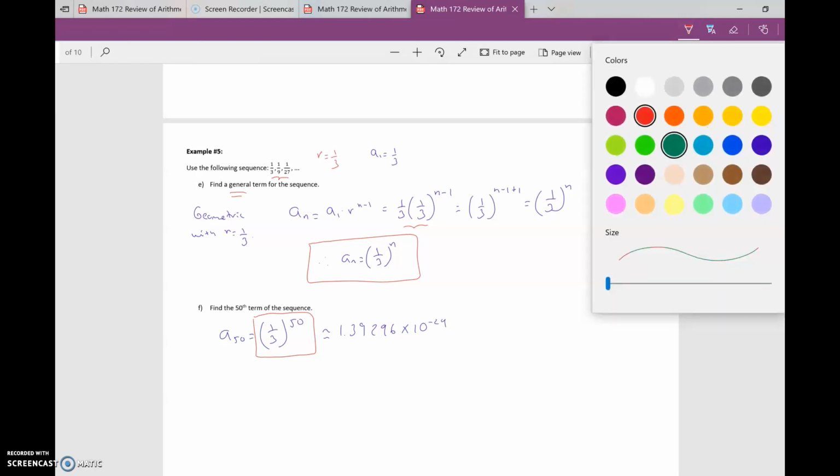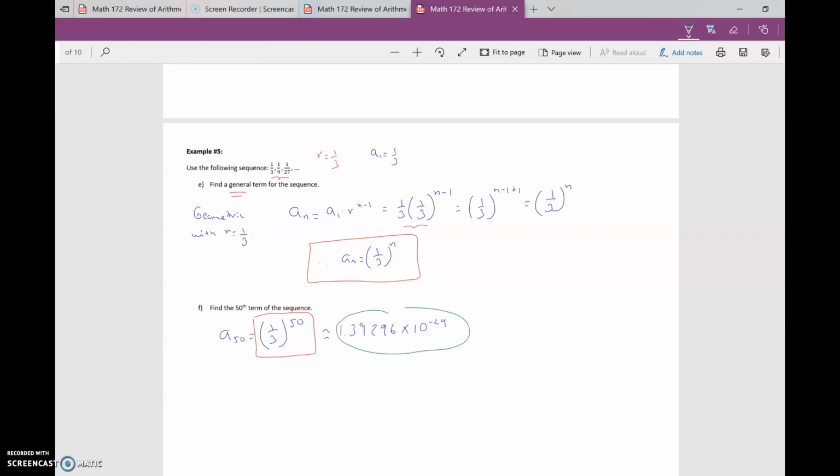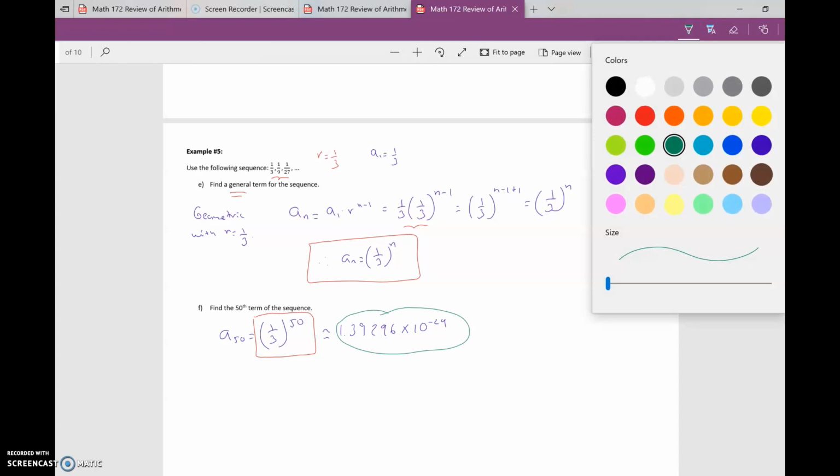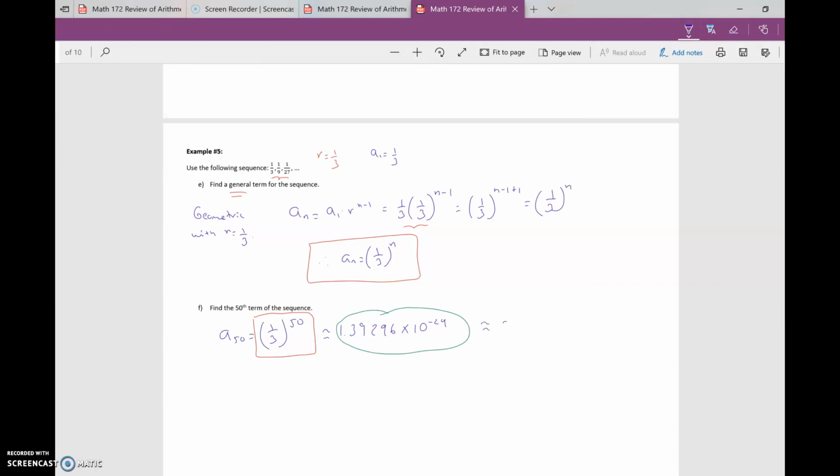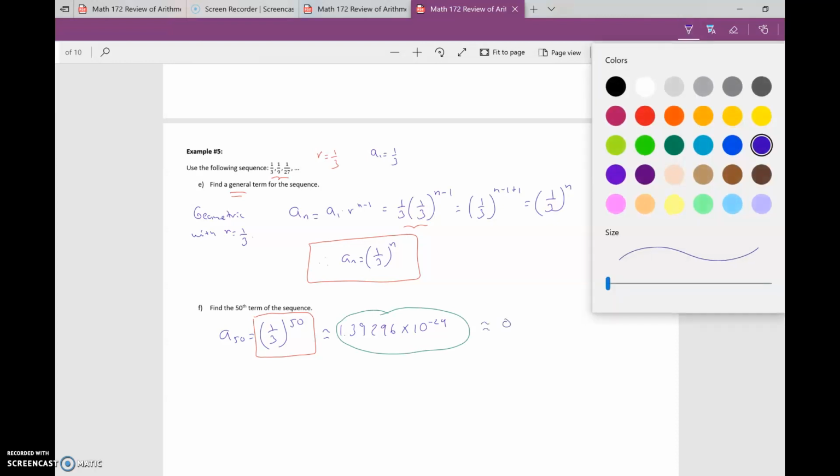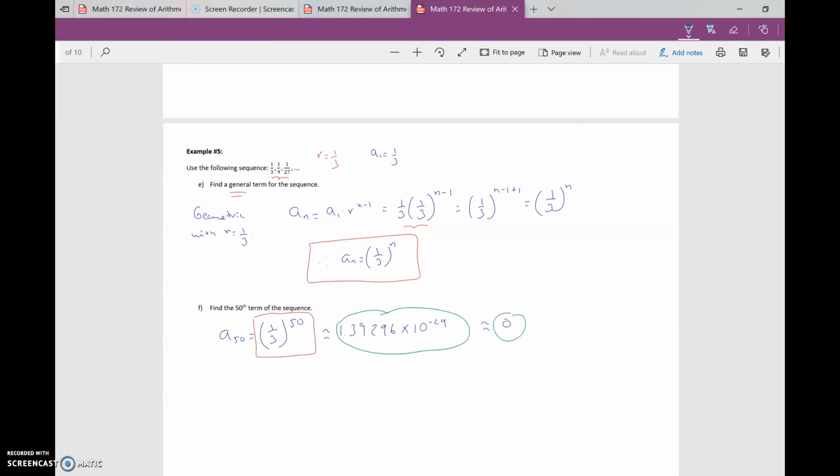I'm just going to circle this, and the main idea here is that that term is almost equal to 0. So it's going to be important for the last portion of this problem.